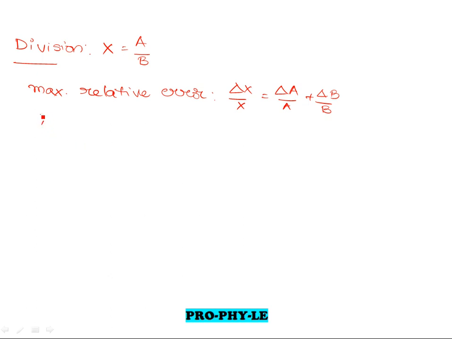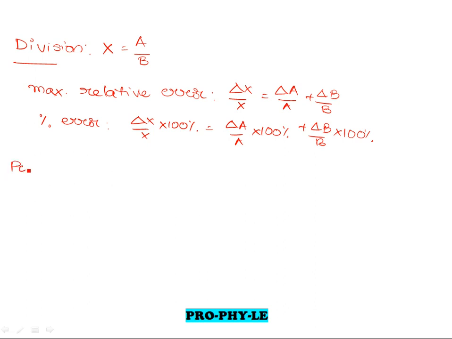And similarly, if you are asked for percentage error, that will be delta x by x into 100%, equal to delta A by A into 100% plus delta B by B into 100%. So for multiplication and division we have the same formulas for maximum relative error and maximum percentage error.